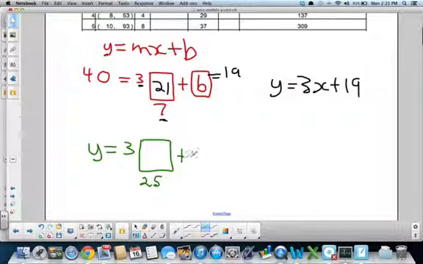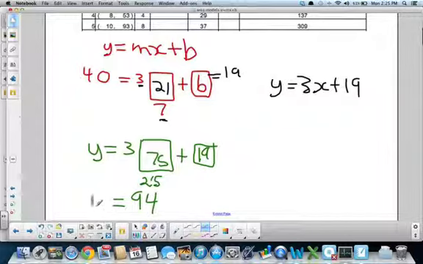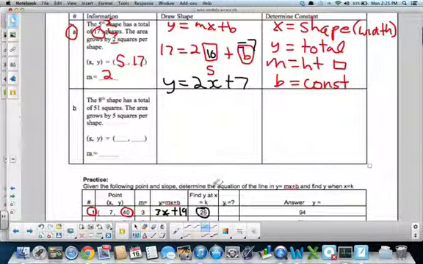And I have to add on that constant of 19. 3 times 25 is 75. So the variable area is 75, the constant area is 19. 75 plus 19 is 94. So y equals 94.